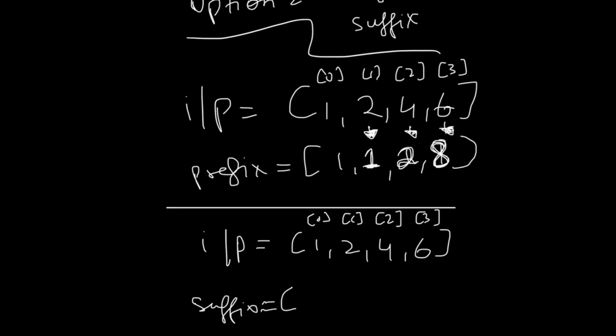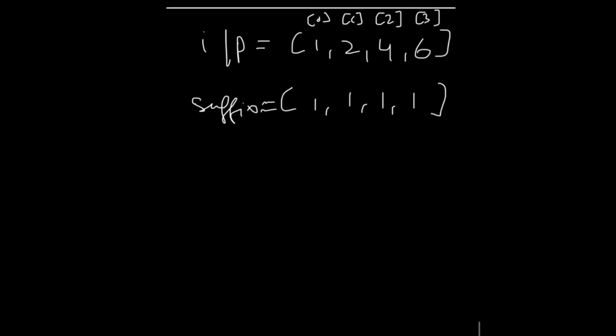We'll start with 1, and then we want to start backwards because we want to calculate the suffix for each number, which is basically all the numbers after that given number. So for the last element at index 3, we don't have any numbers after it. So the suffix of the last element will be 1 itself because there are no numbers after it.